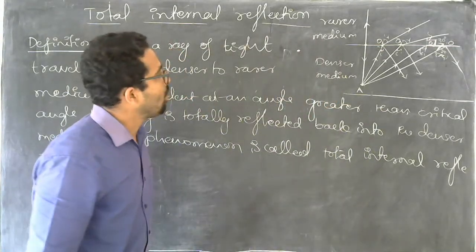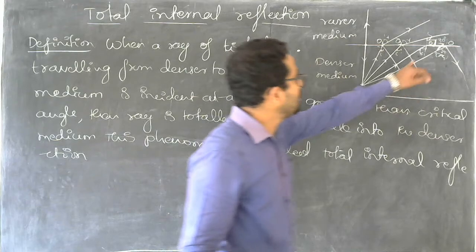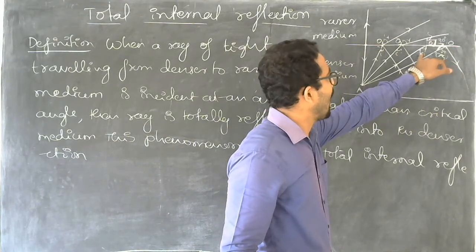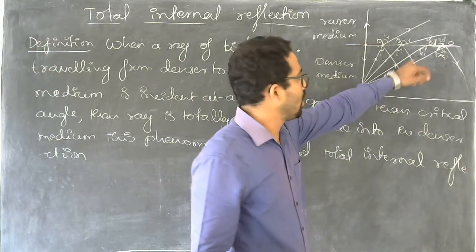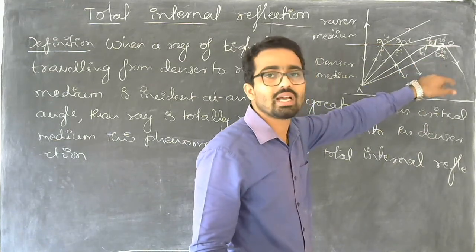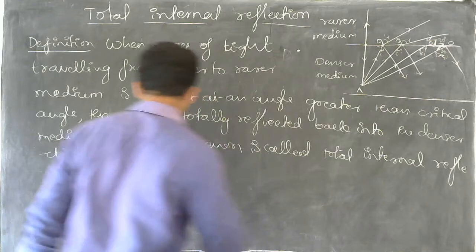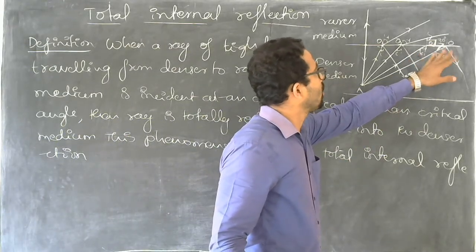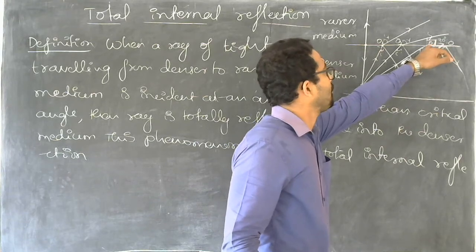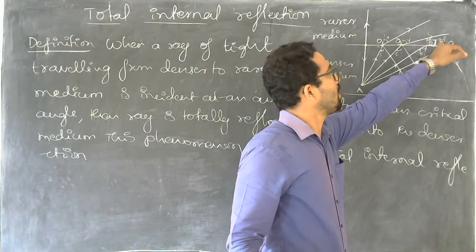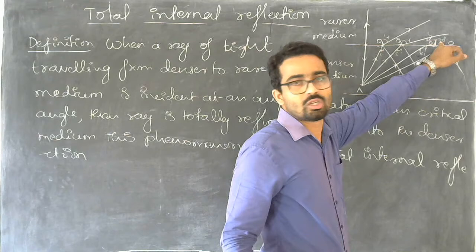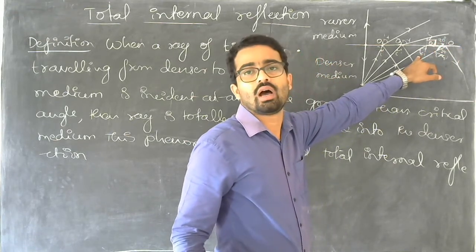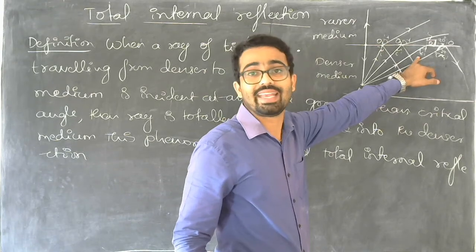I have also introduced the term critical angle. For the critical angle, what we got is the angle of refraction becomes 90 degrees. We got this only when the ray is incident at the critical angle.